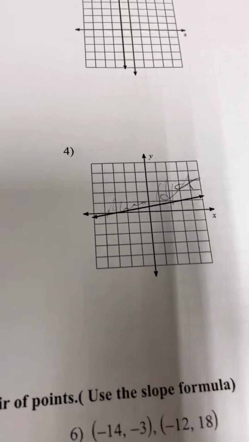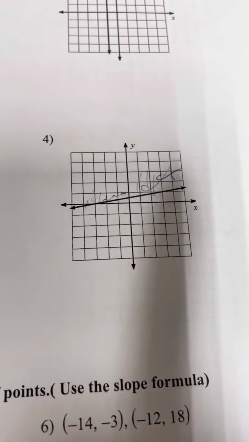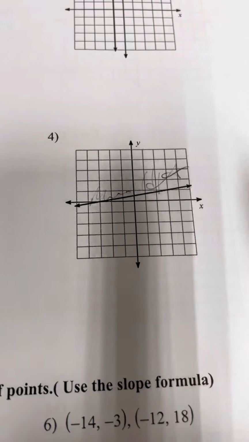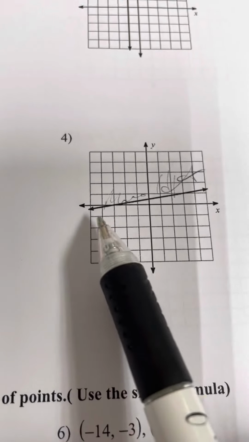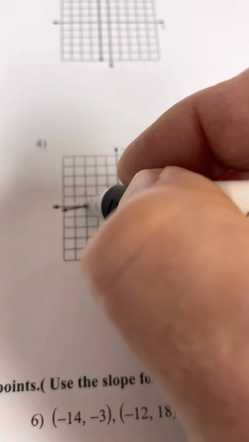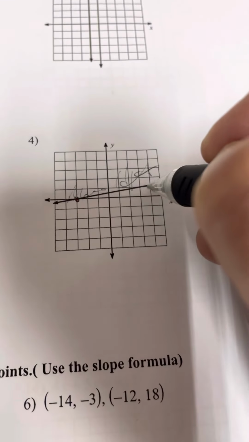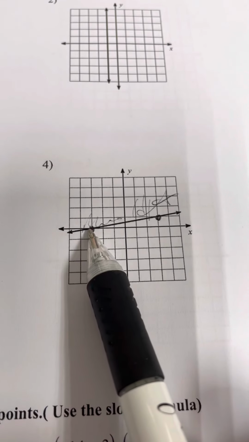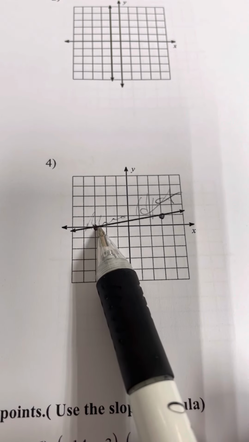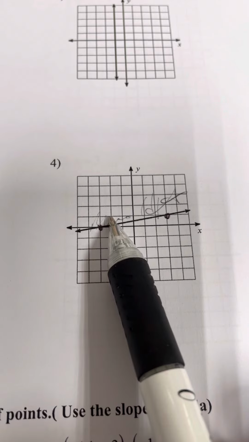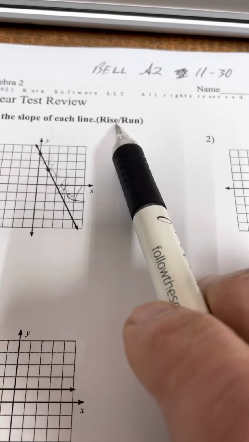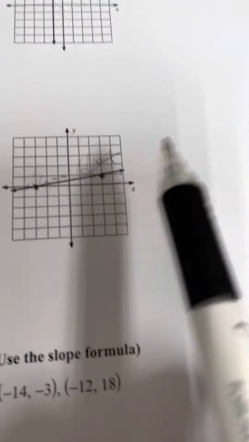So that's just a little way to remember how to read graphs, because some people, for some reason, read them backwards. So this is a positive slope because it's going up, and pick a couple perfect intersections. Just to help you out, notice that this one goes up, the rise is up 1, and then the run is 1, 2, 3, 4, 5, 6. So the rise over the run is up 1 over 6 on this one.